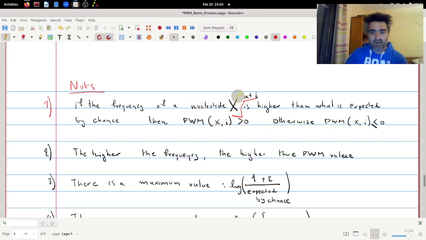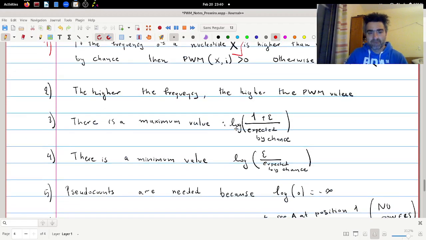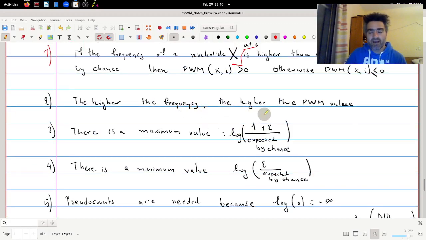What I mean by that is that if what we expect by chance is 0.25 and we find a frequency which is greater than this 0.25, let's say 0.5, let's neglect epsilon for the moment, the log of this number, since this number is greater than 1, will be positive. Otherwise this will be negative. So if it is less than what we expect by chance, it will be negative. So the higher the frequency, the higher the value that we will have for this nucleotide in the position weight matrix.